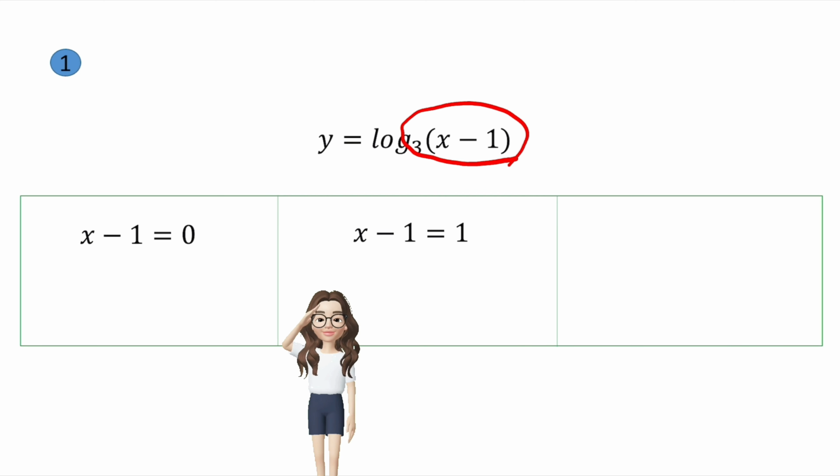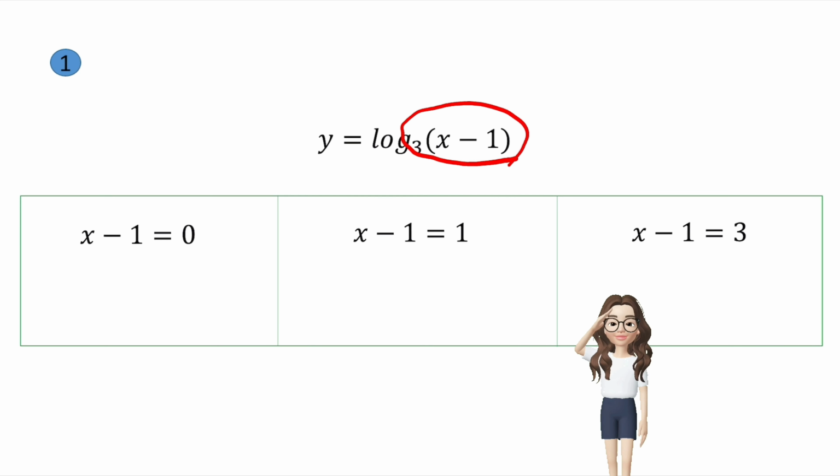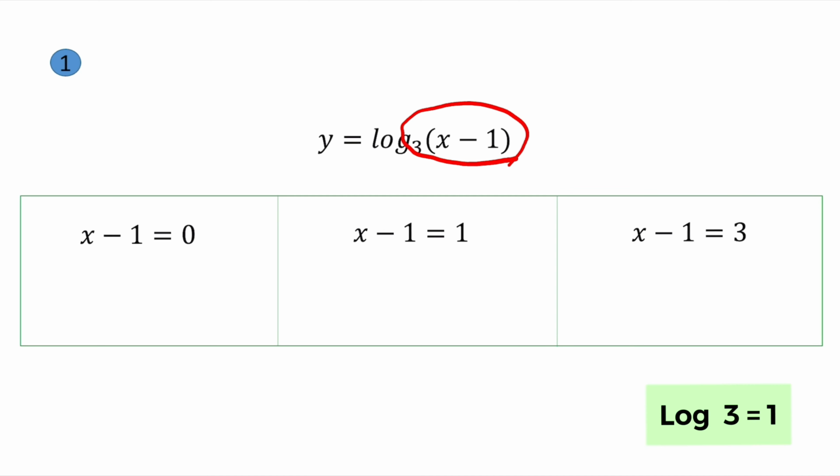This is because the logarithm of 1 given any base is equal to 0. And last, we will equate the expression of the logarithm to its base because the logarithm of 3 with the base 3 is equal to 1.